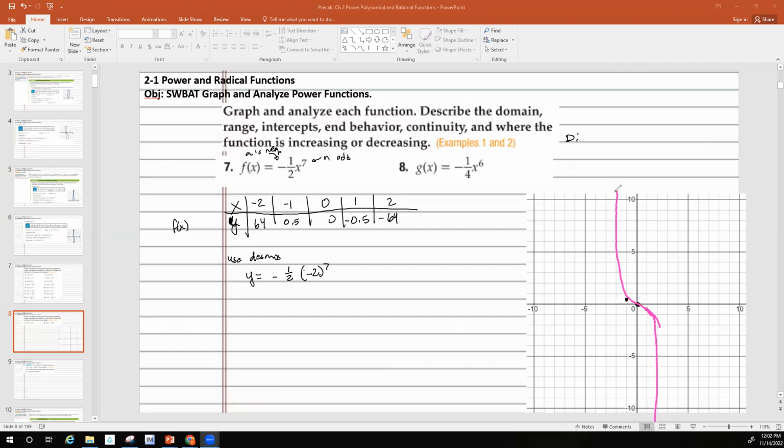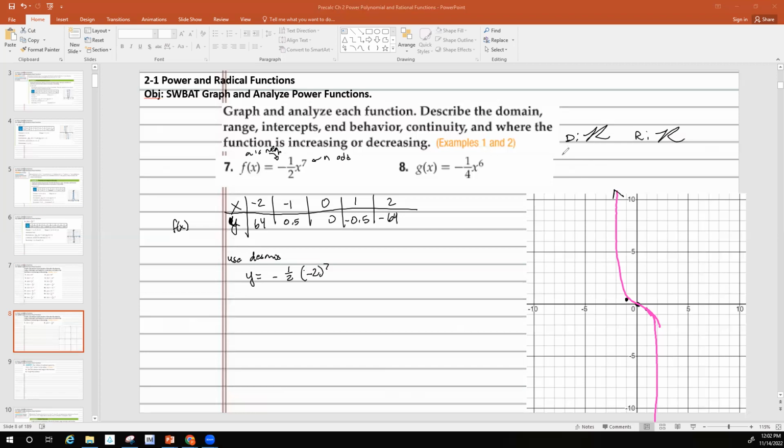How do you know? Because we have arrows there, right? Those arrows mean it's going to go on forever. This is all real numbers. The range are the y values, and notice that it covers all the y values. The lowest point is -infinity, the highest point is +infinity. It's all real numbers as well.